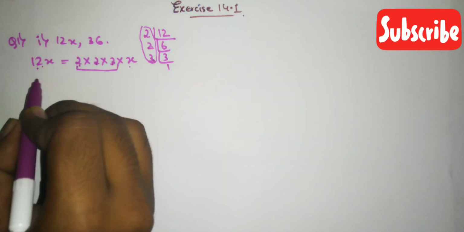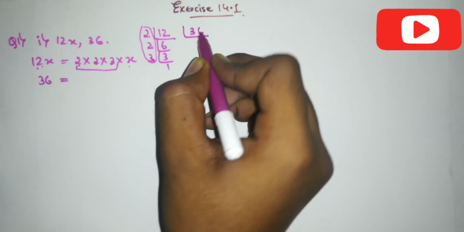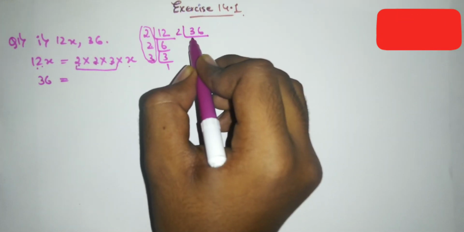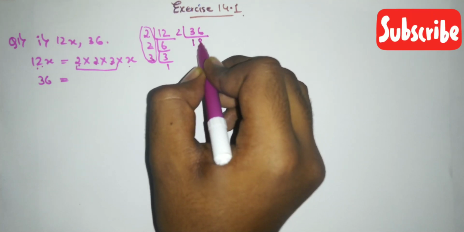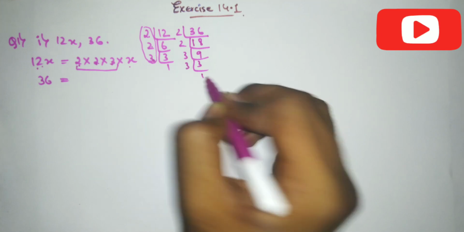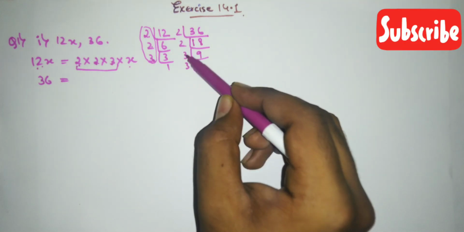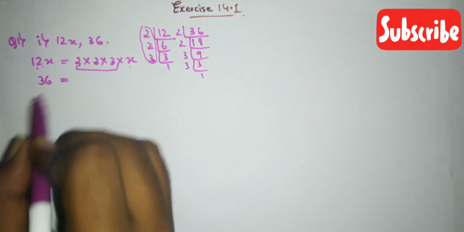Now for 36, again do the prime factorization: 2 times 18, 2 times 9, 3 times 3, 3 times 1. So 2 into 2 into 3 into 3 gives me 36.